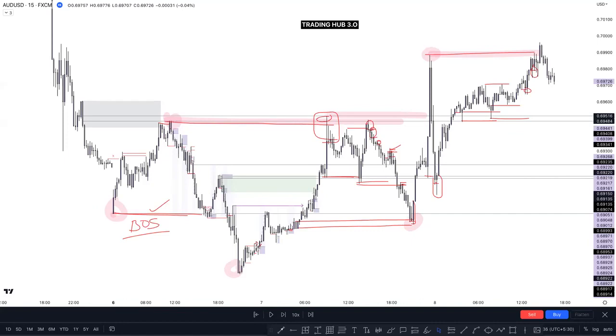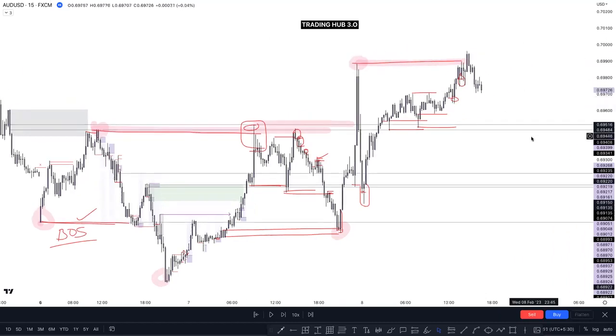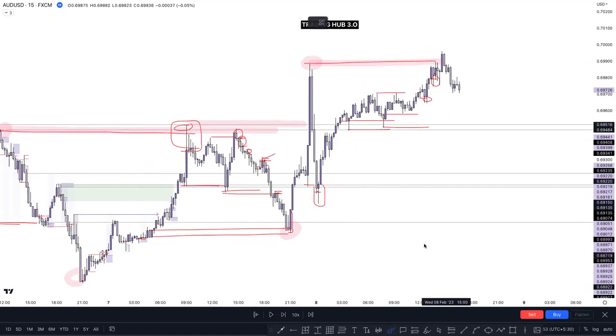But as a day trader, you don't need to check the different time frames. You just have to focus on your time frame, and simply you can find daily trades. This is a very simple process. You can also apply it on the 4-hour time frame, 15-minute, or 1 hour, as you like.